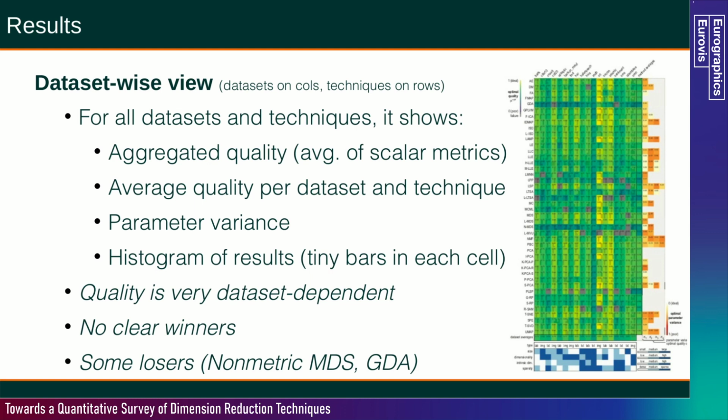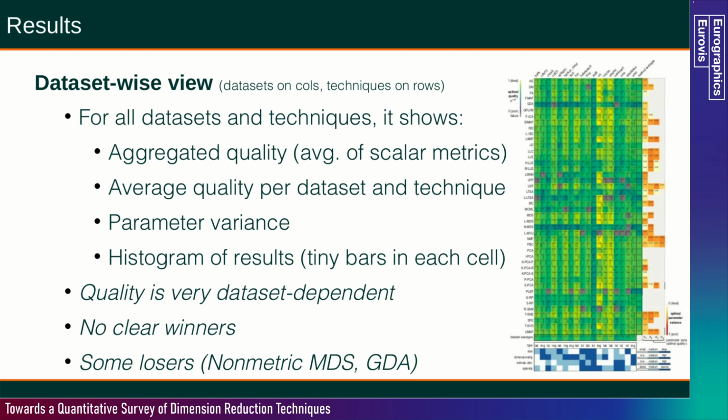We have parameter variance on the rightmost columns with the gray background. And we have a histogram of results as tiny bars inside each cell. The idea here is that if you have a cell with big bars on the left, it means that most of the runs for that particular technique, for that particular data set, had poor quality. And the converse is true.